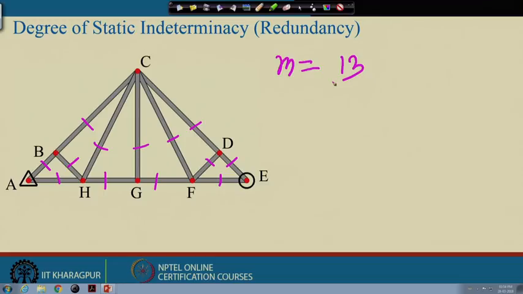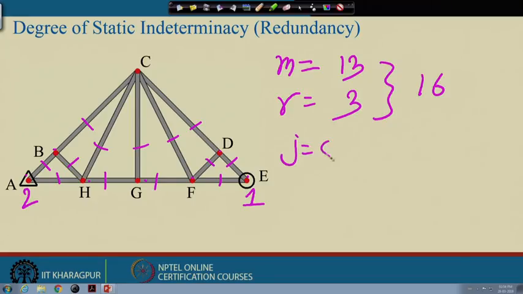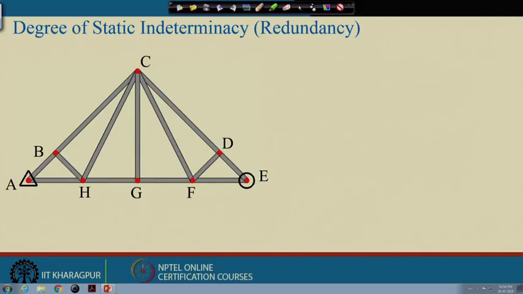The number of support reactions R is equal to 3, so the total number of unknowns is 16. The number of joints we have is 1, 2, 3, 4, 5, 6, 7, 8. So, the number of joints is equal to 8, and the number of equations available 2j is equal to 16. So, static indeterminacy is 0. So, the structure is a statically determinate structure.